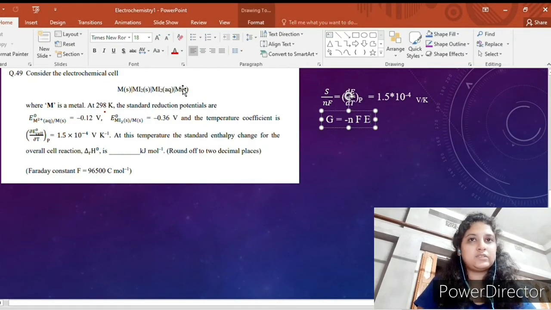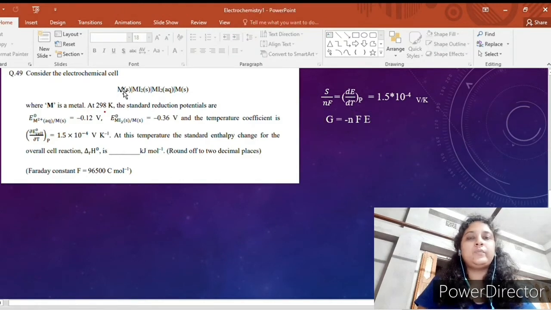From this representation you can also say that M, the metal, is in zero state, M0, and is converted to M2+. That means the oxidation number of the metal increases, so oxidation takes place, and this is the anode reaction. The cathode reaction is M2+ to M.